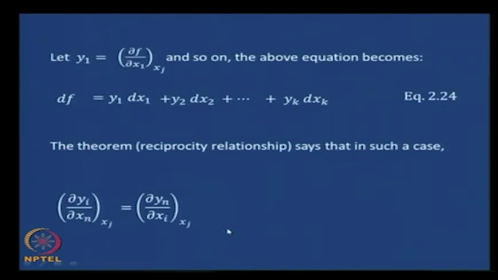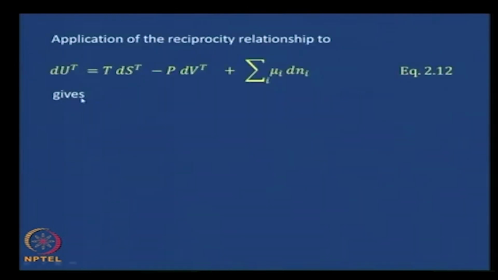If we apply this theorem, also called the reciprocity relationship, to the basic differentials that we had given earlier, recall equation 2.12, which is also given here, dUt equals T dSt minus P dVt plus summation of mu i dni. Remember that this consists of many different terms that are given by the sum sign.